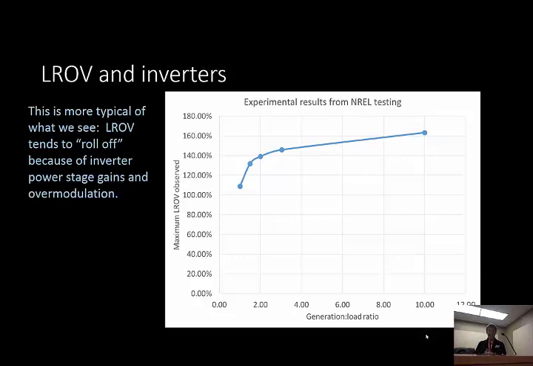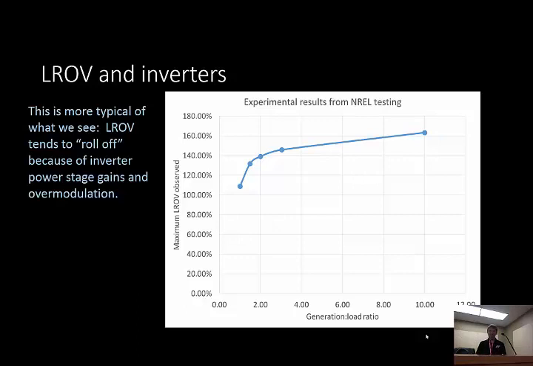And what we see is something that looks like this. This is the average load rejection overvoltage. It's not the worst case. But what you can see is that it kind of asymptotes out, the way we expected it to. But it's at a much, much lower value, and it's flattening more than we thought. You know, the square root curve that we saw would never totally flatten out.